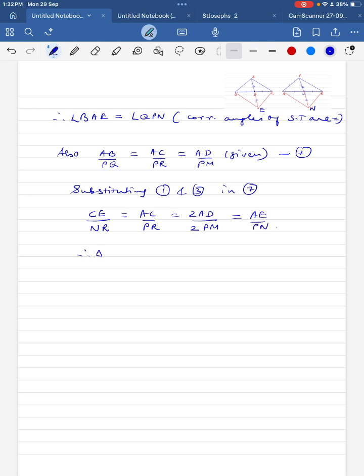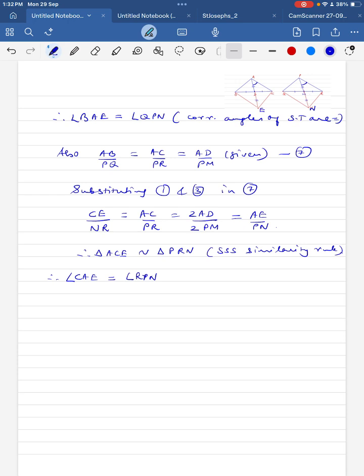Okay, so therefore triangle ACE now becomes similar to triangle PRN by SSS similarity rule. Okay, now because they are similar to each other, we can say that therefore angle CAE is equal to angle RPN. That is, these angles now became equal to each other.